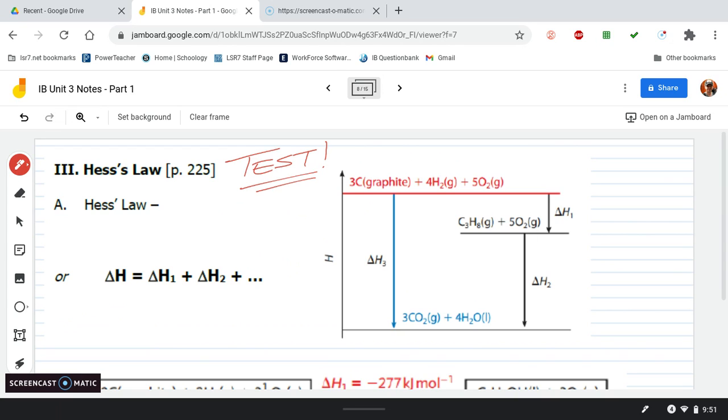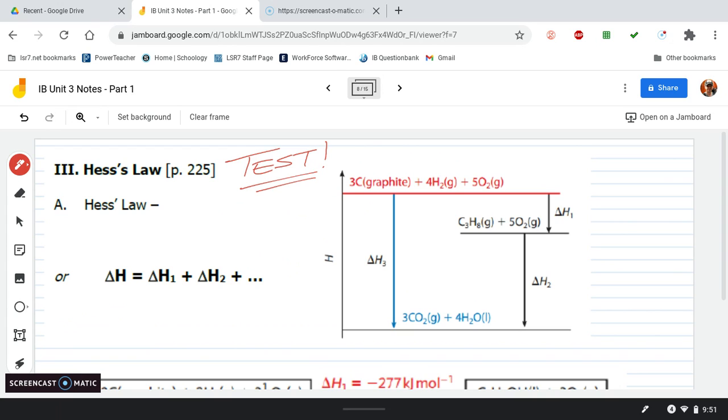First of all, I need a definition for Hess's law. What Hess's law is saying is that if you solve a problem with one step, or if you solve a problem with multiple steps, your answer at the end for delta H is going to be the same.